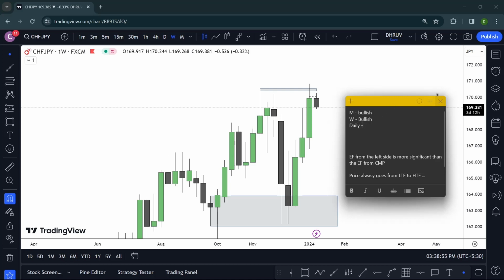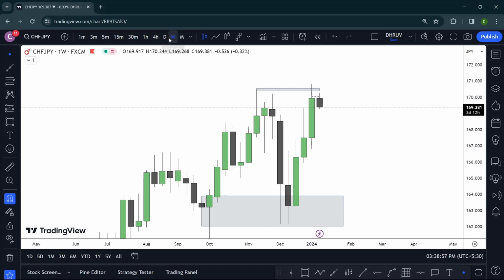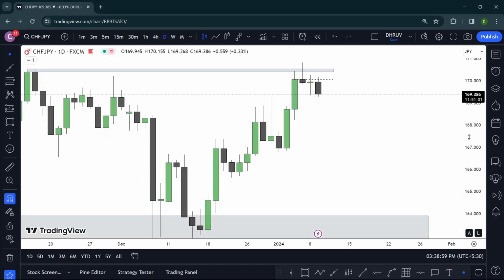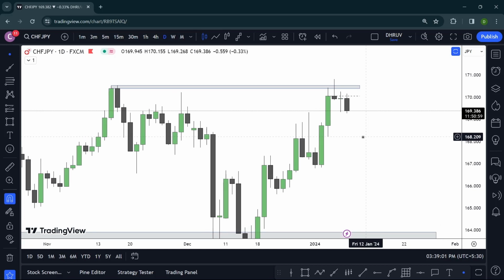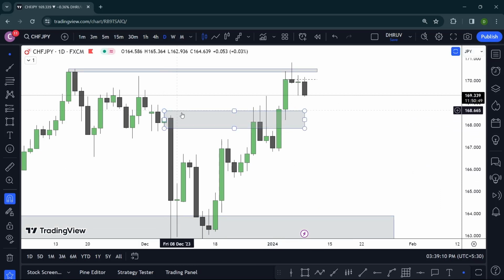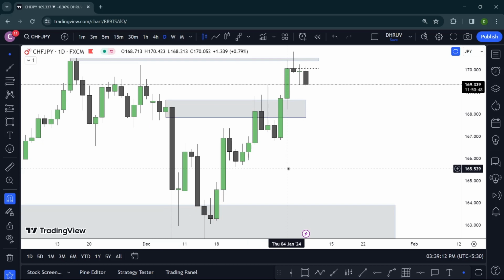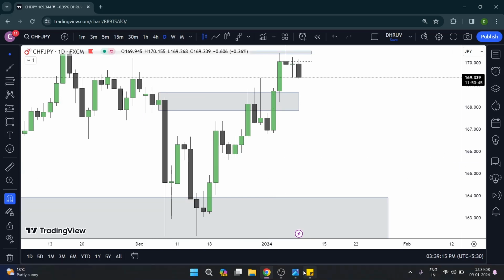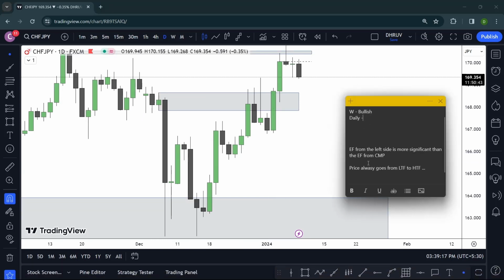What's the daily doing? Hmm. So on daily, I can clearly see this is engulfing failed. Why do I mark this engulfing failed? Okay, let me just tell you why.